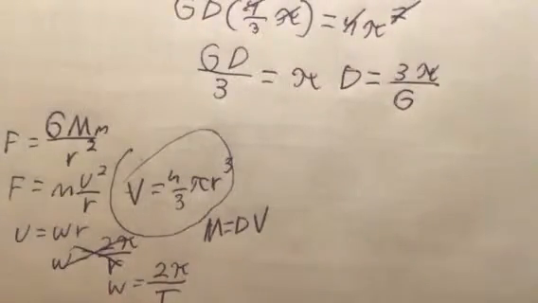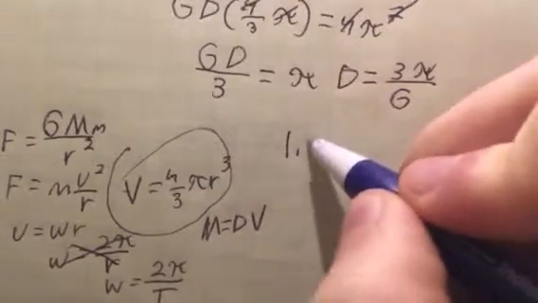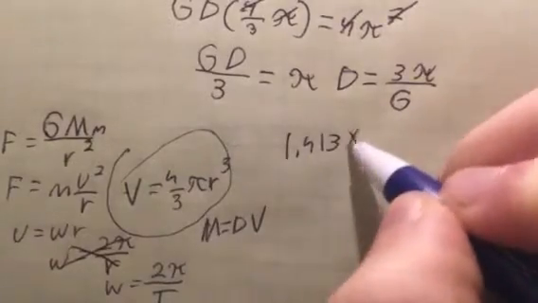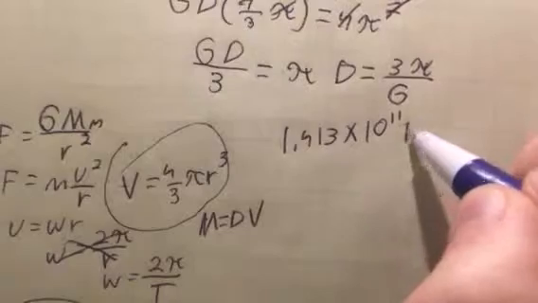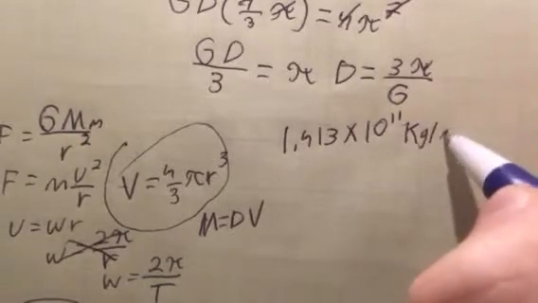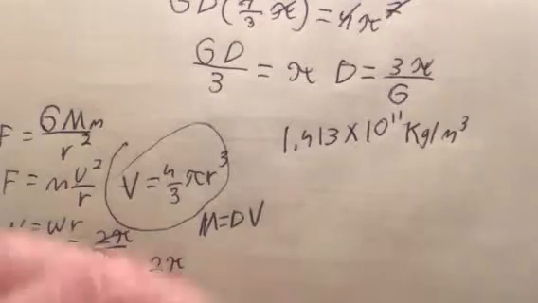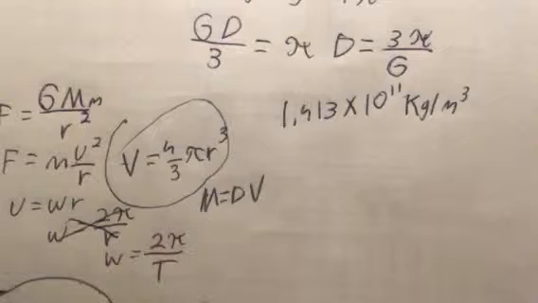And so what we end up getting from that, you can just punch that into your calculator, is approximately 1.413 times 10 to the 11th kilograms per meter cubed. So let's take a moment to reflect on exactly the answer we got here. Does this make sense in context?